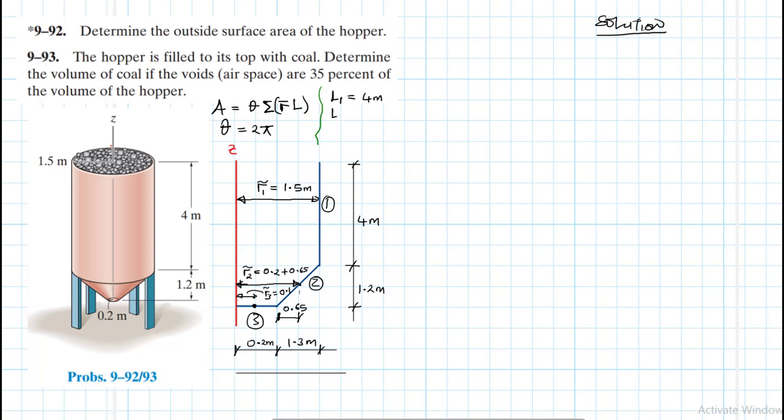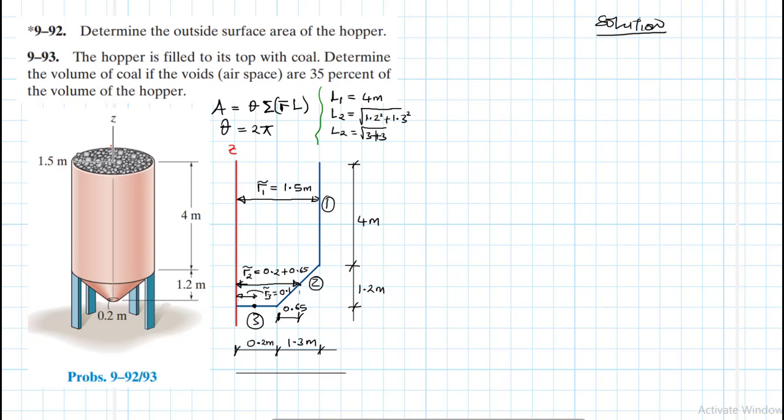Line 2, this length is the root of 1.2 squared plus 1.3 squared. What does it give us? L2 therefore is going to be equal to root of 3.13, right?